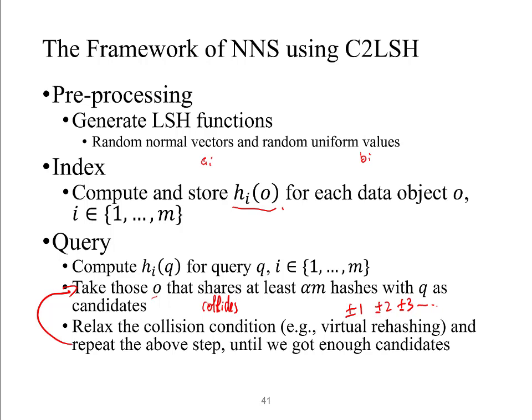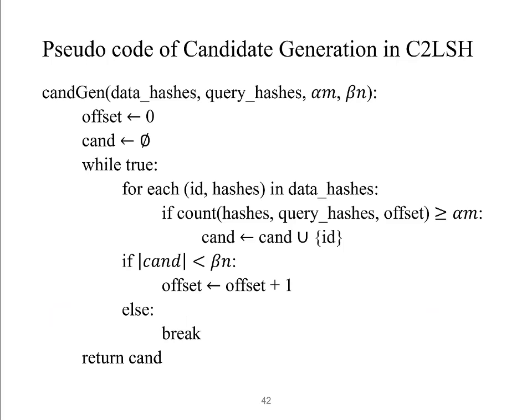All right. And in order to help you with the project, as I said, the project is to implement C2 LSH with PySpark. So here I actually give you the pseudocode of the candidate generation part in C2 LSH, which is also what you are going to implement. But please note that this pseudocode does not consider any MapReduce. It's just to show you the flow of candidate generation using C2 LSH.